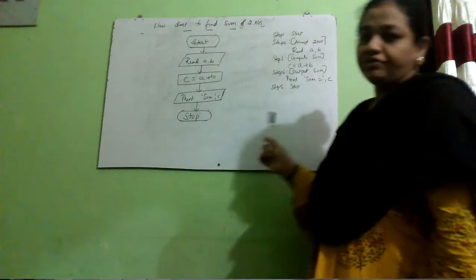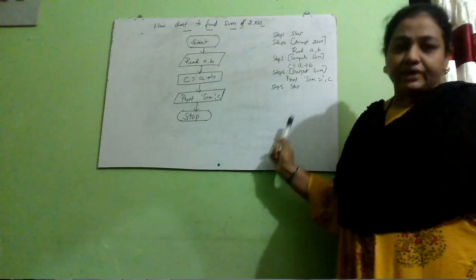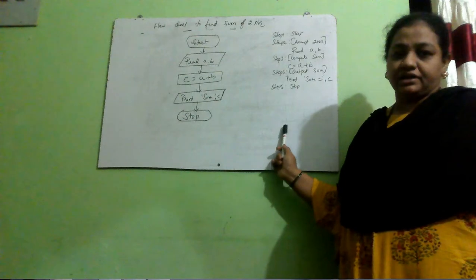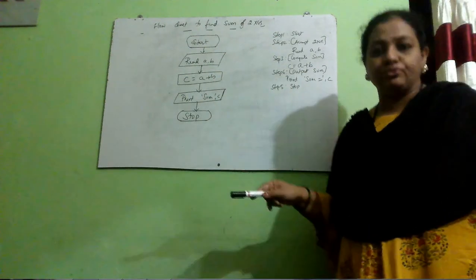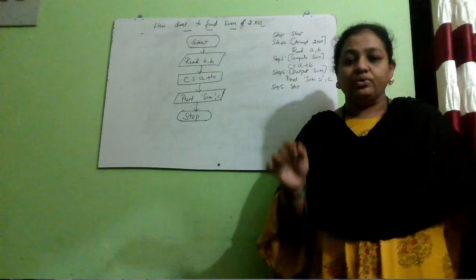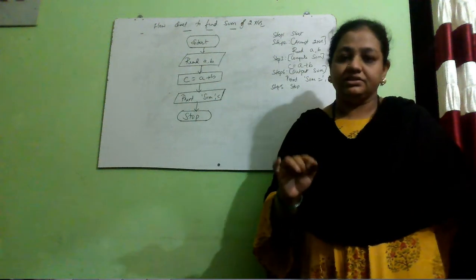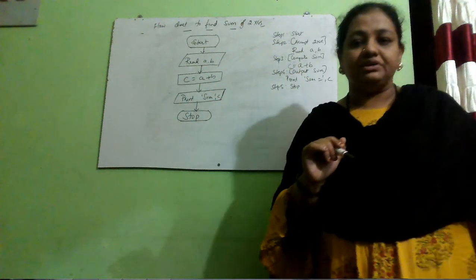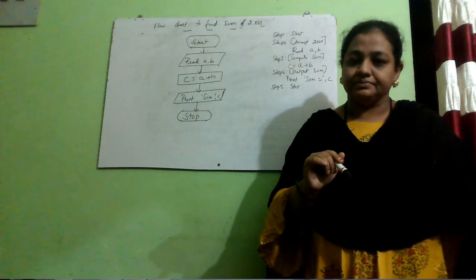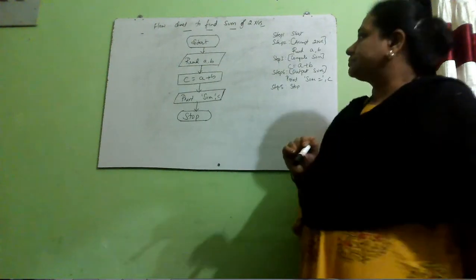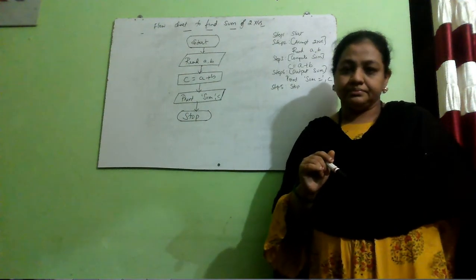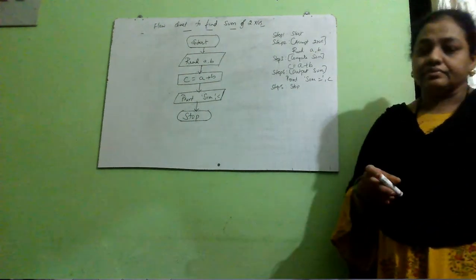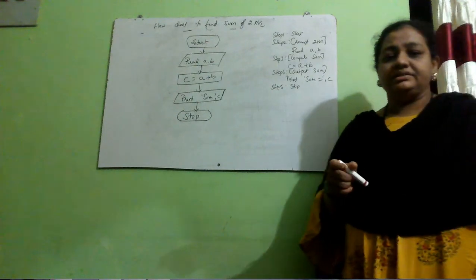So let's write a processing statement. The processing statement is represented using a rectangle. So C is equal to A plus B. So now we have found the sum and the sum is available in C. C has the result or the sum.